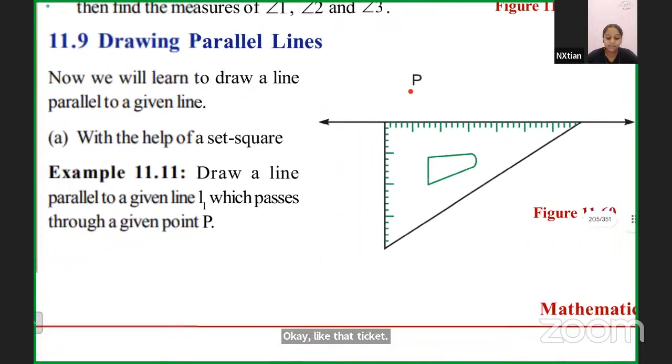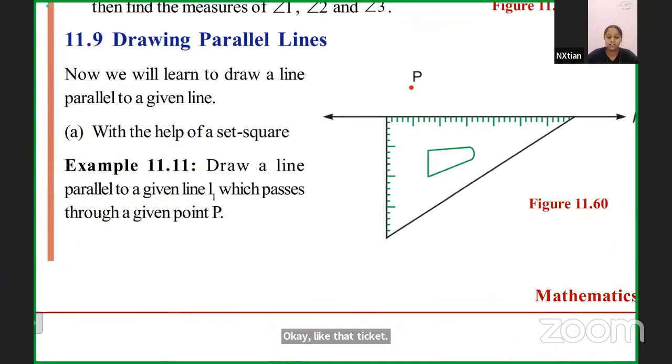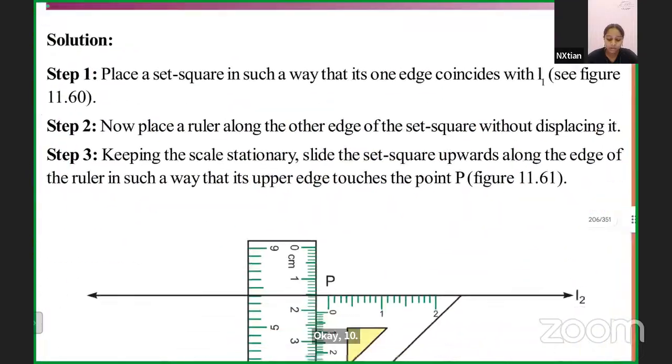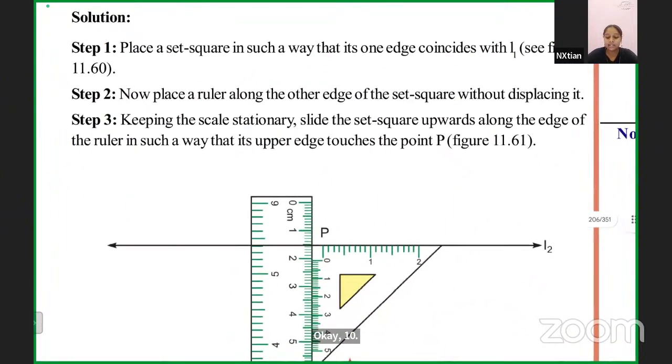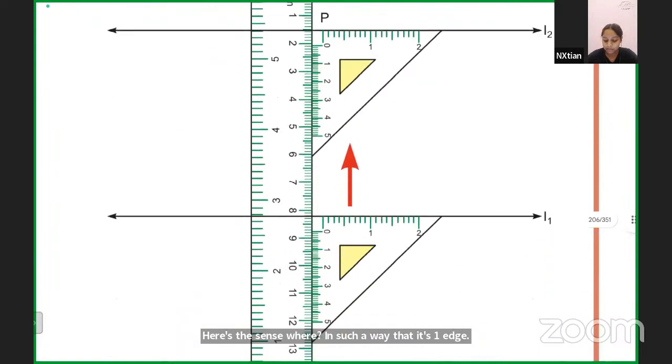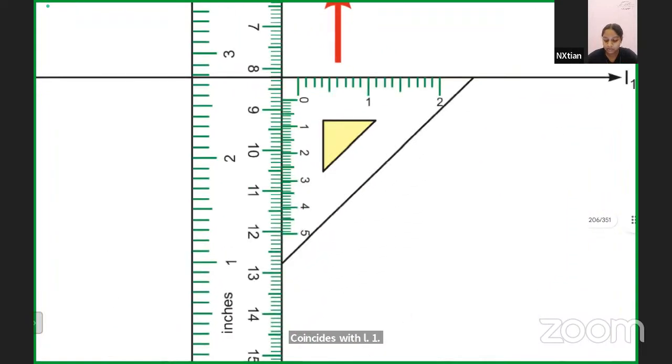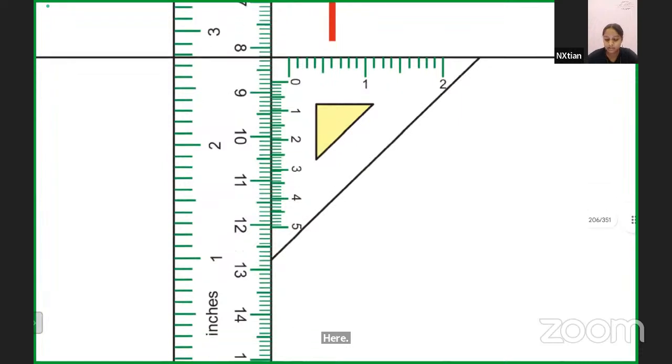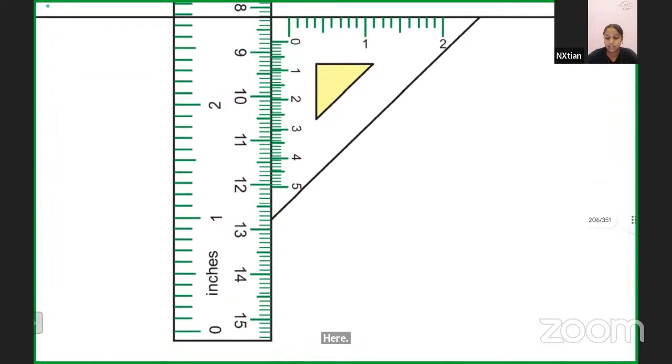Okay, then the next thing, place a set square in such a way that one edge coincides with L1. Place the set square on the line.